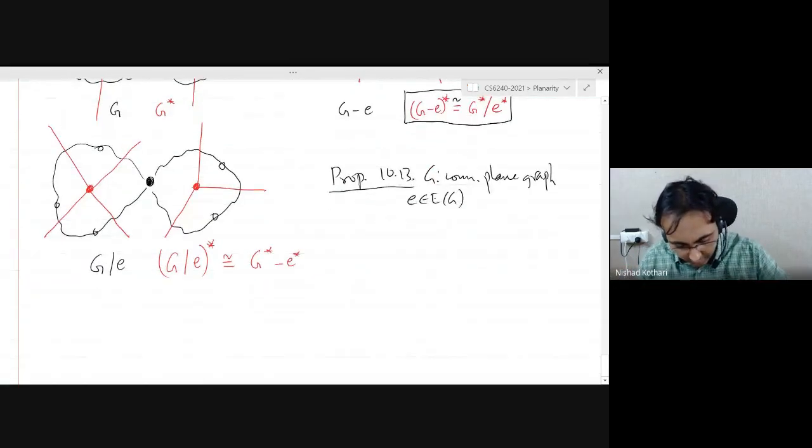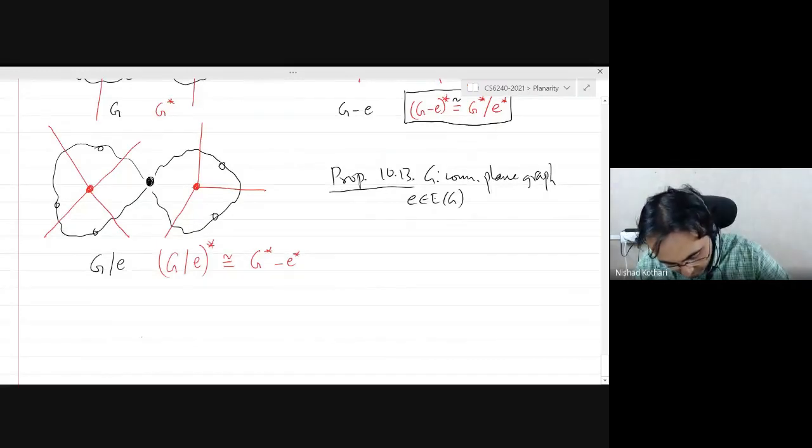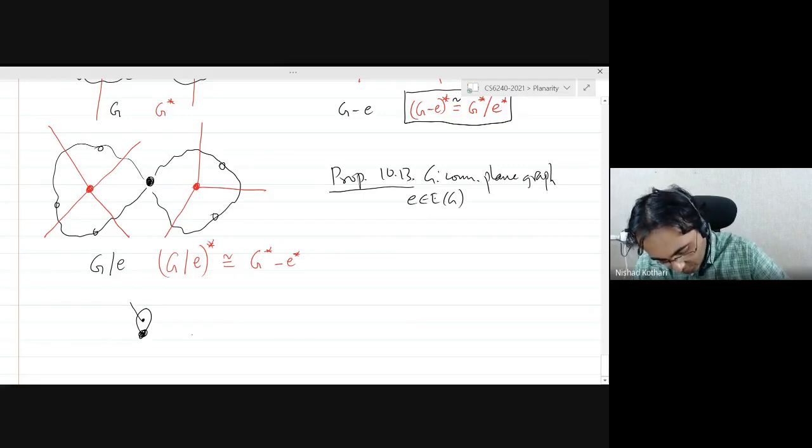Let's make a quick drawing to see what happens if it was a loop. If I have a loop, then I would have a face here that would be joined to the outside. And in the dual, I would have deleted the loop, and in that case, I would basically delete the vertex corresponding to the face of that loop. So then you would not have exactly the same relation.